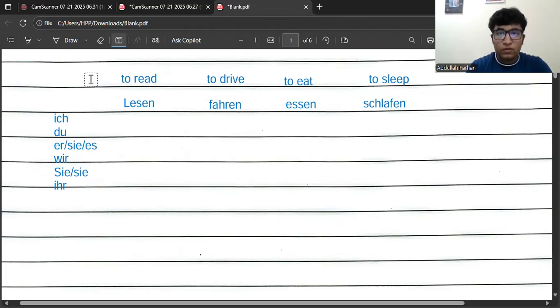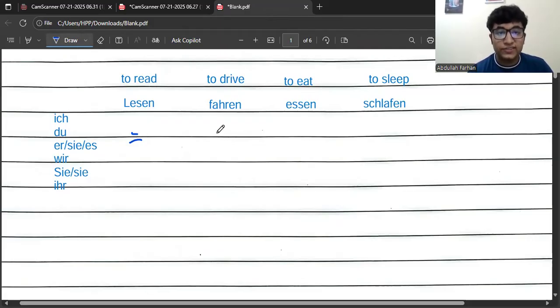For now, we're going to stick with these four. How do we conjugate them? I want you to conjugate all of them apart from du and er/sie/es.